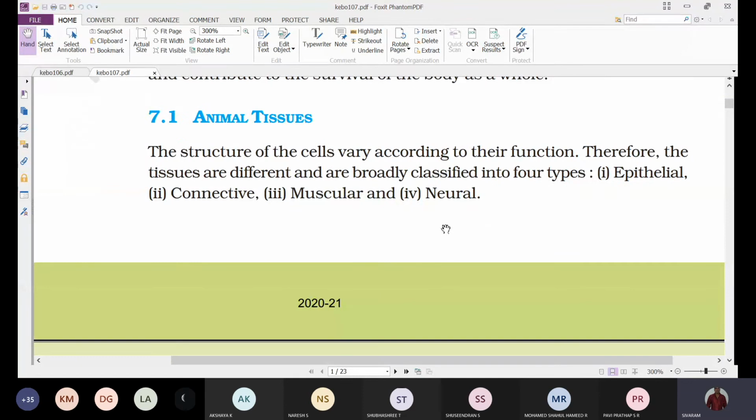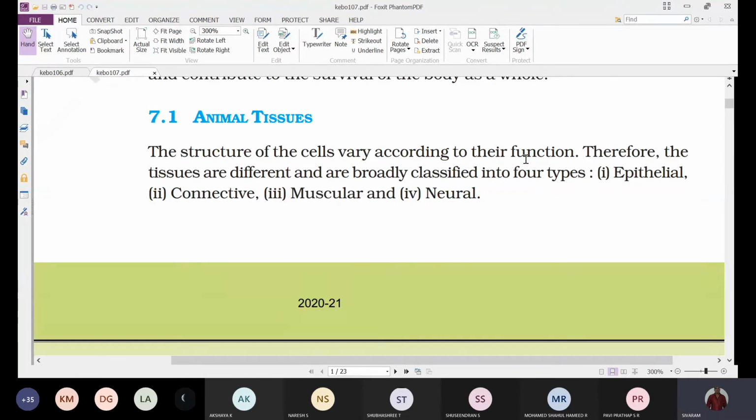And already we said in animals, the tissues are basically divided into four basic types. The structure of the cells varies according to their function. You might have come across this concept in your lower classes: different cells have different shapes and structures based upon their function.